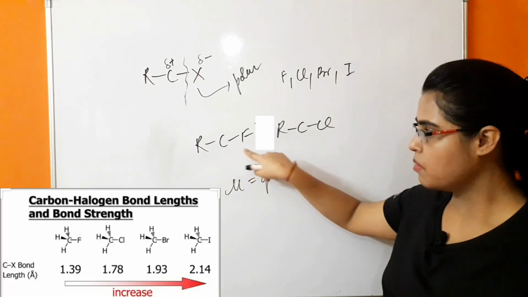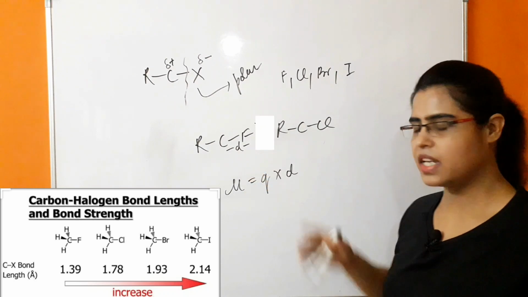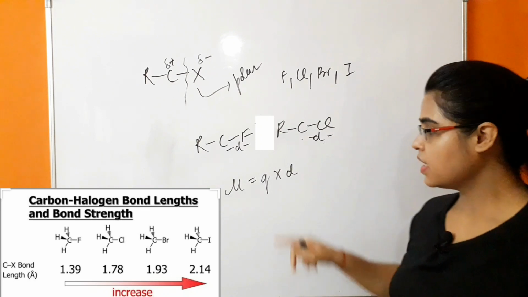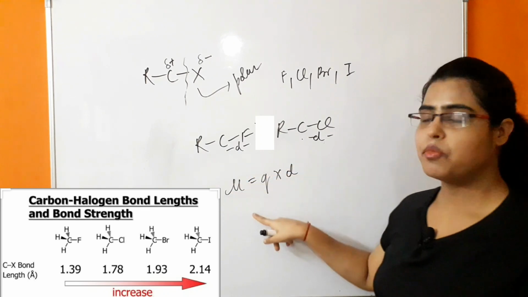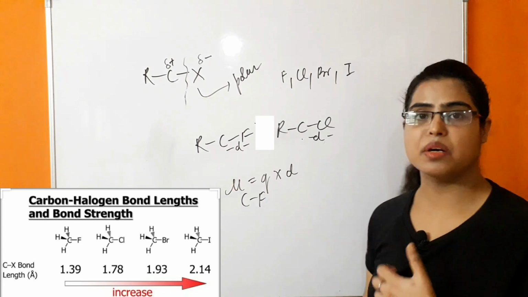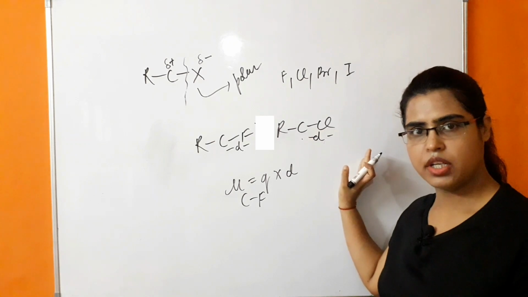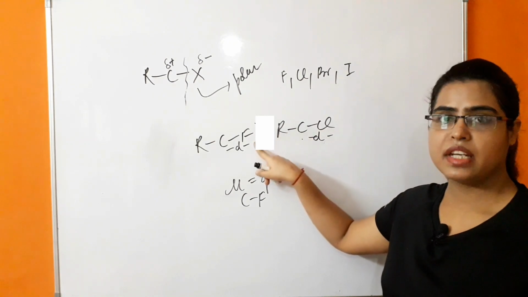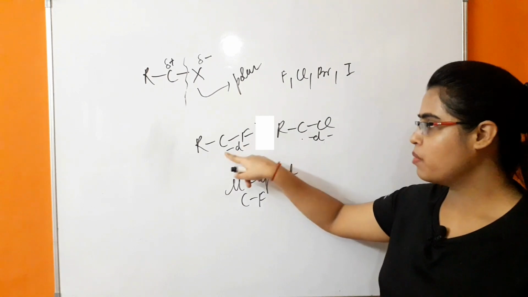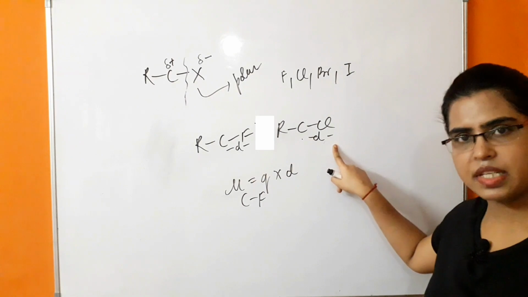Because of that, the magnitude of the dipole moment of the C-F bond comes out less in comparison to the C-Cl bond. So although fluorine is the most electronegative atom, the dipole moment of the C-F bond is still less in comparison to the C-Cl bond.